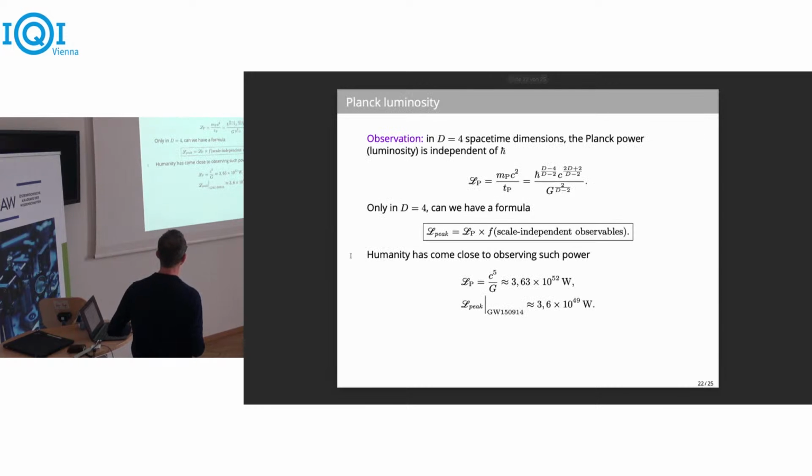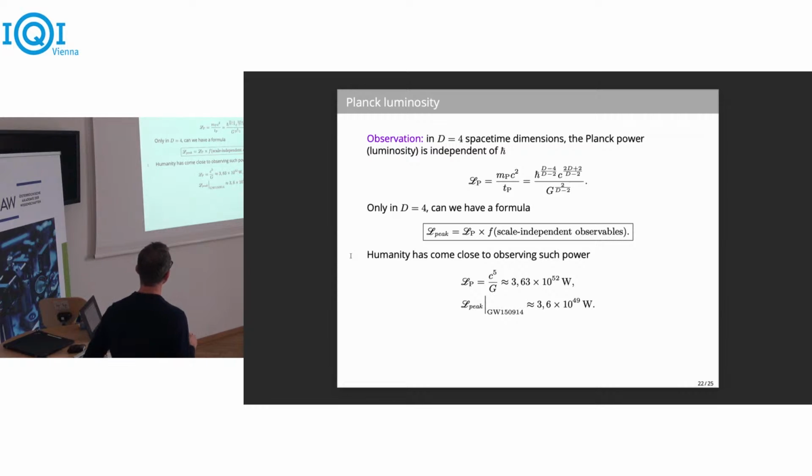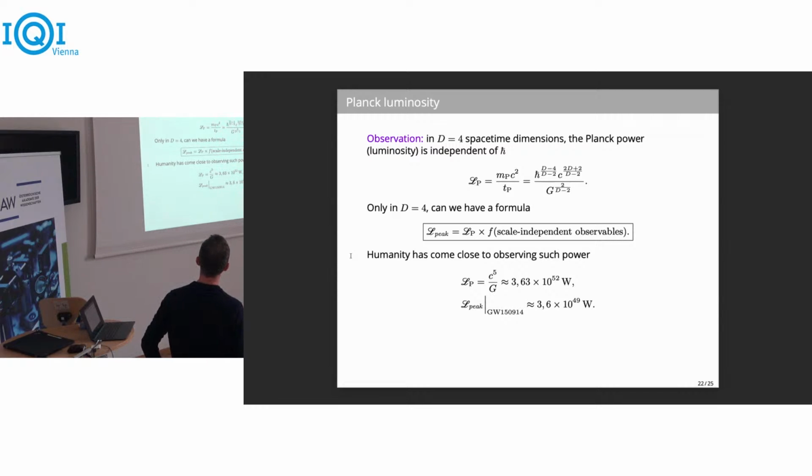And what is also interesting, just as a side remark, is that humanity has actually come close to observing such power. The Planck power, what is the Planck power? The Planck power is Planck mass c squared divided by Planck time. If you do the calculation in any dimensions, you find something surprising, that in fact it is only in 4 space-time dimensions that the Planck power is independent of h bar.